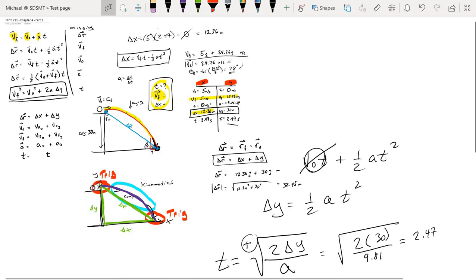So the next video, I think we'll devote purely to example problems with two-dimensional motion, like we saw here with the rock flying off the cliff. So see you at video part 2.